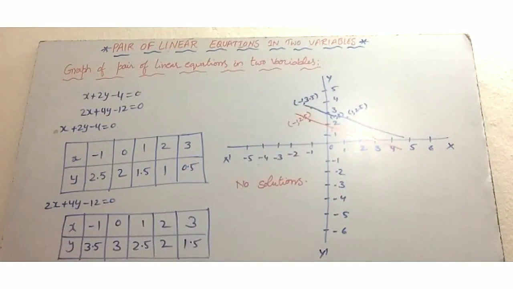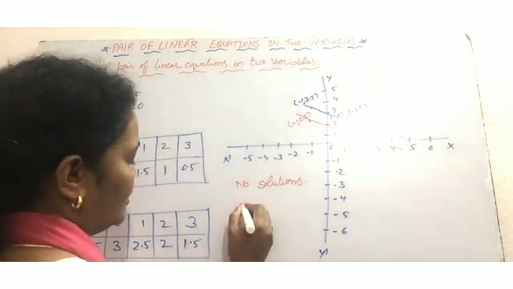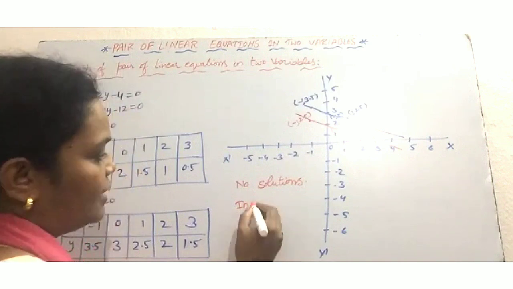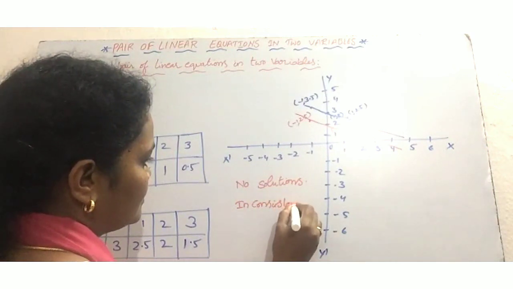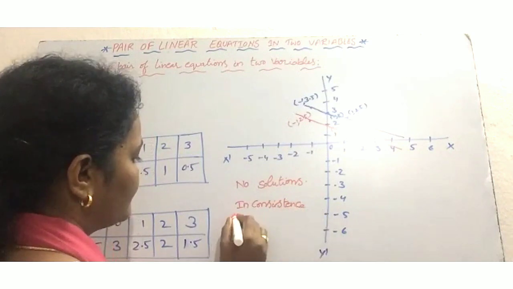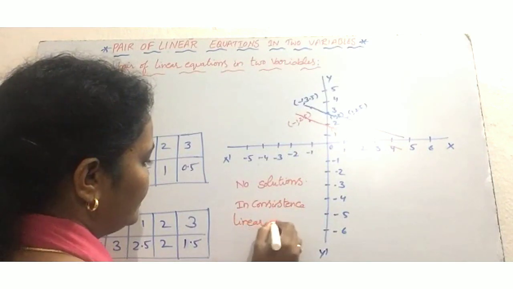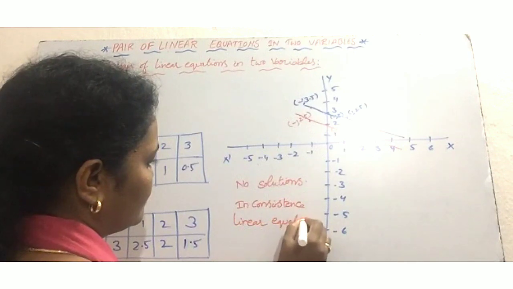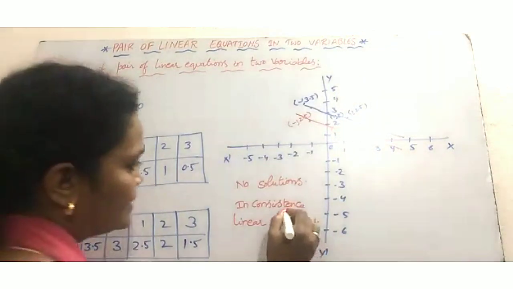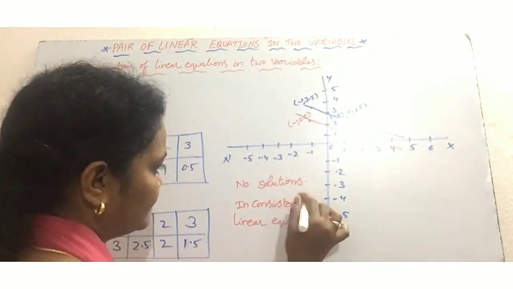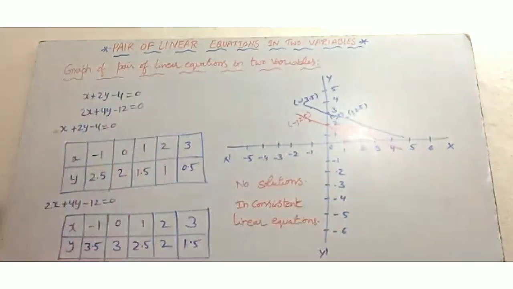Such linear equations are called inconsistent linear equations.